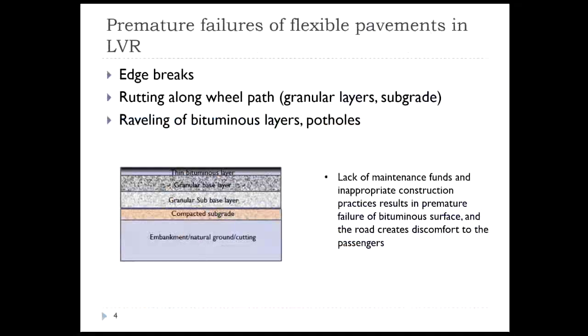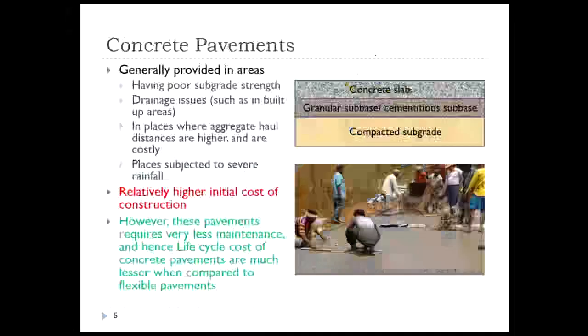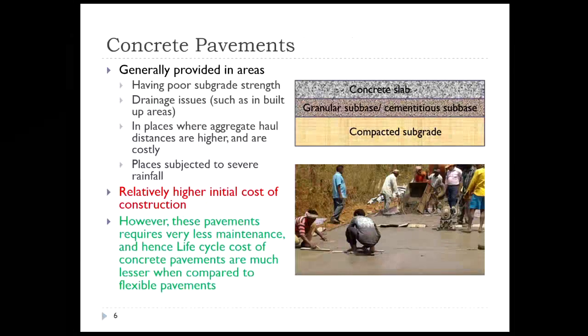There are several places in India where you have a shortage of good quality aggregates. So in places where aggregate haul distances are larger and costly, there also we can go for concrete pavements. And you also tend to provide concrete pavements in places subjected to severe rainfall.